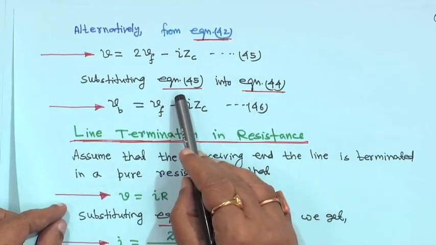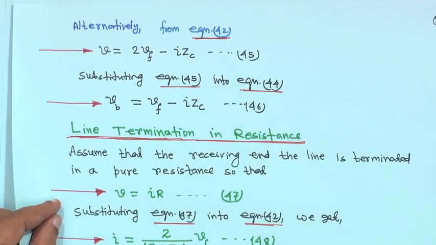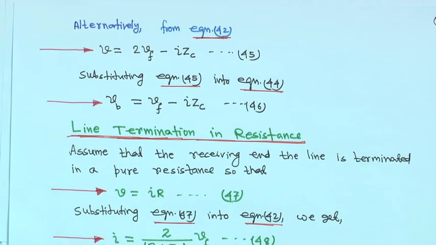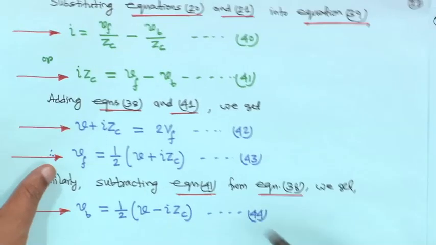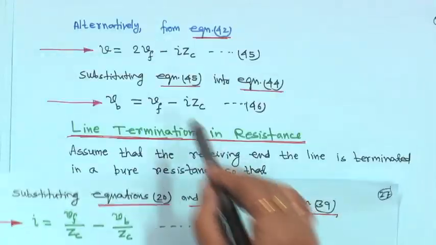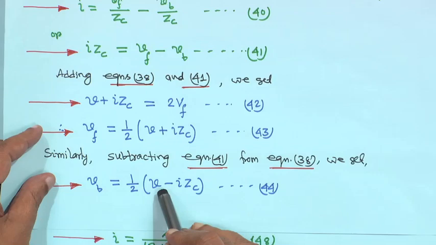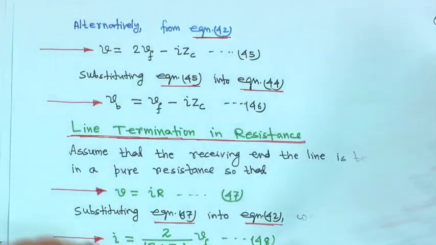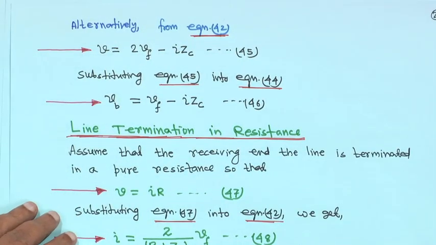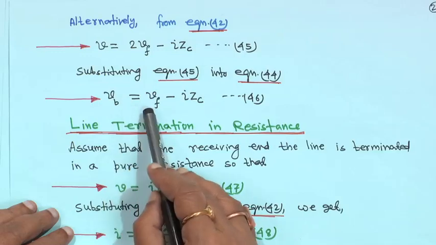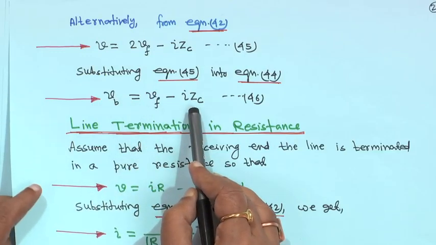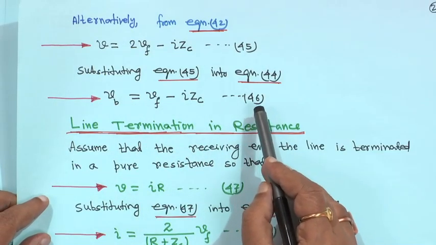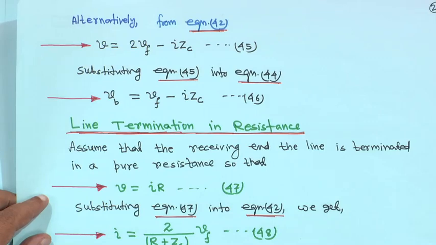Now, substituting equation 45 into equation 44, this V value, 2 Vf minus I Zc, you put in equation 44. If you do so, you will get Vb is equal to Vf minus I into Zc. This is equation 46.